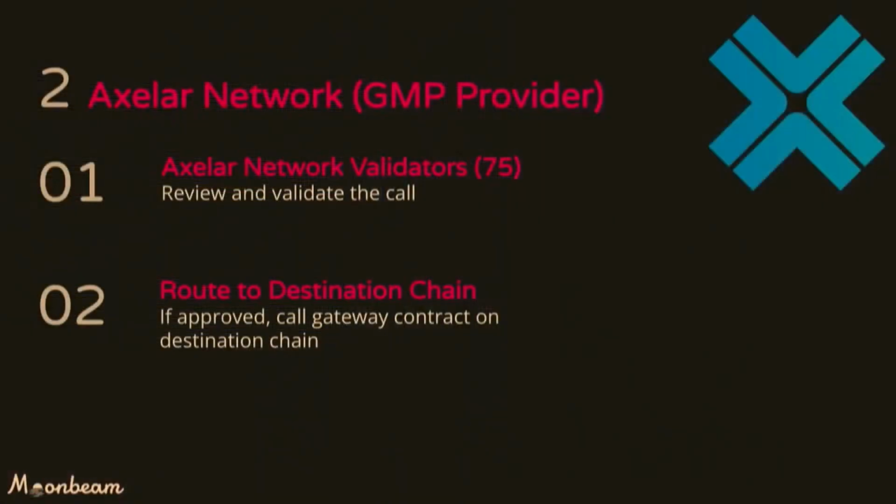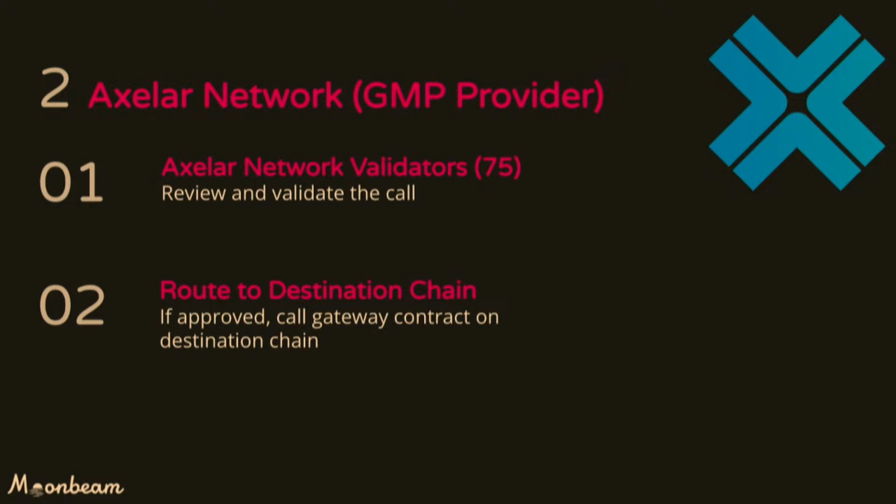So Axelar has an SDK, so you can calculate how much gas you need in order to send along with it in order for the call to be executed. So Axelar will tell you what you need to send along, and it will take care of the payment on the destination chain. So you're not getting Matic tokens, you're not doing a swap, you don't have to do any of that. Axelar takes care of that.